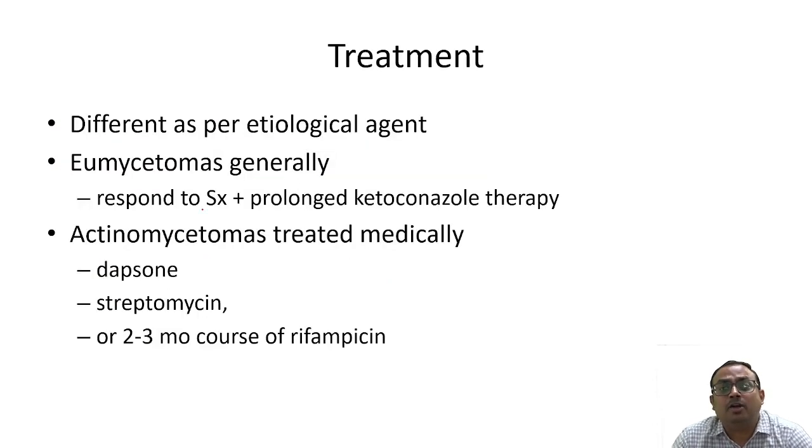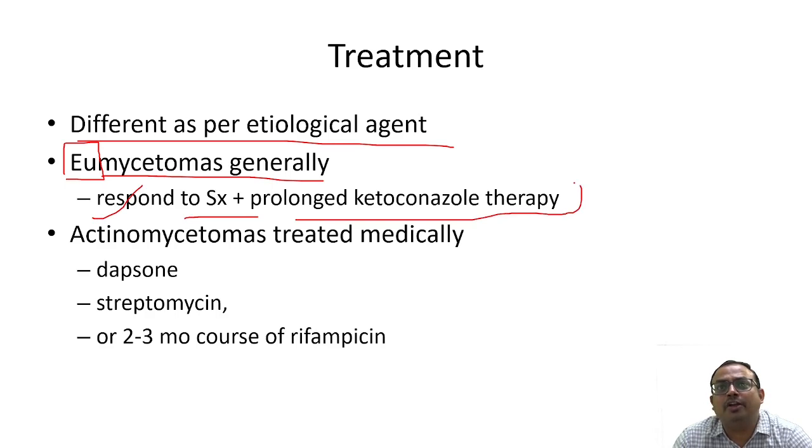Now coming to the treatment part. Although this was not asked in this question, it may be a question in the near future, which is very likely, because the treatment is different for different etiological agents. If you are confirmed that the case is eumycetoma, then you need to do surgery followed by prolonged ketoconazole therapy.